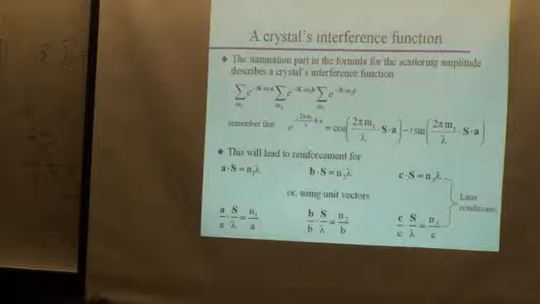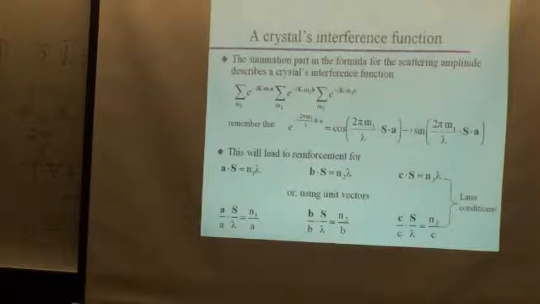Cosine of 2 pi times an integer is 1, right? Cosine has a 2 pi periodicity. It's 1 at 0, at 2 pi, at 4 pi, at 6 pi, at you name it pi. So, whenever this a times s happens to be an integer times lambda, this one will give a sum that is not 0.